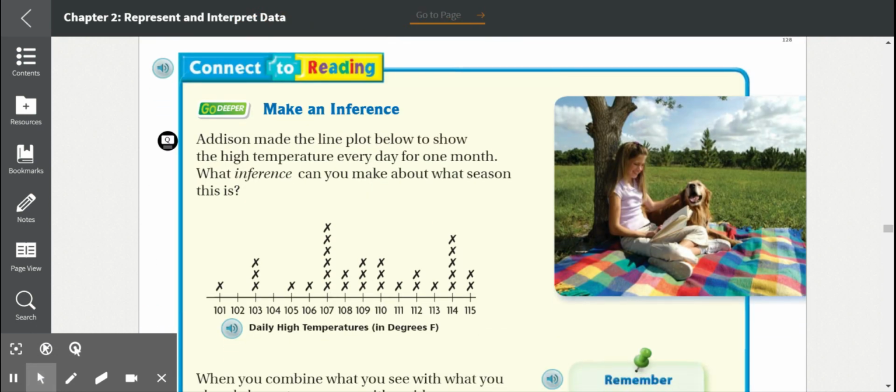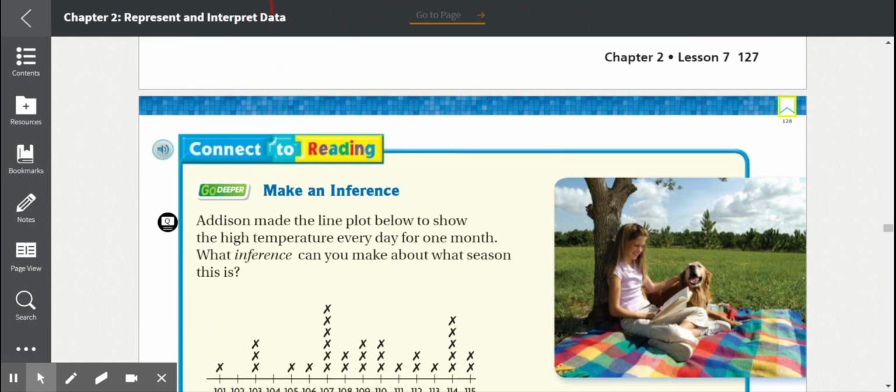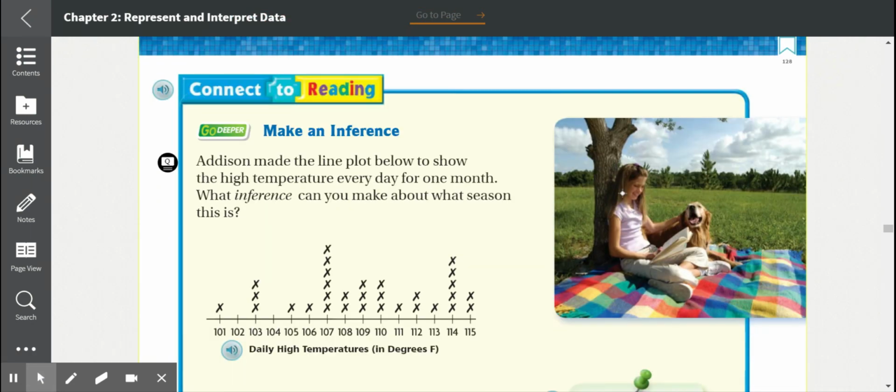Okay, let's go on to this next page. Okay, what we're going to do here is make an inference. And an inference is kind of like an educated guess.